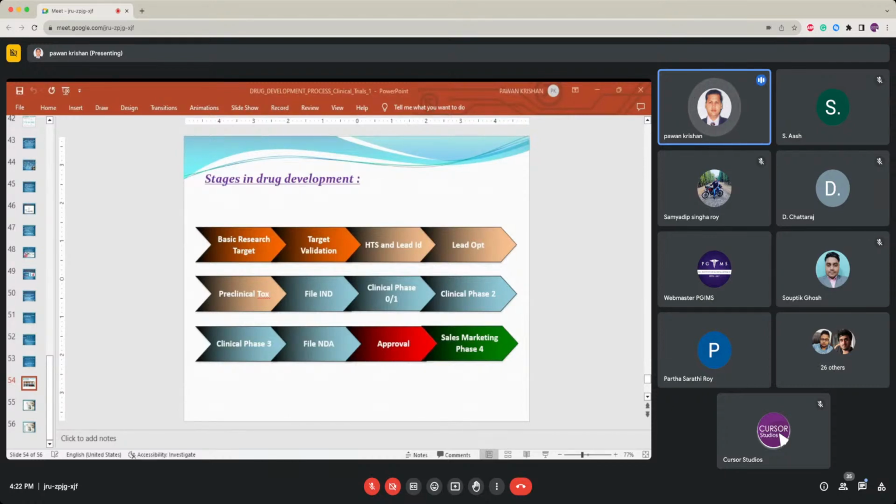Various structural changes are carried out so that the physicochemical properties are improved with respect to solubility and binding, so that there is improvement in the efficacy of a drug or a decrease in its toxicity. Various types of studies and experiments are carried out.